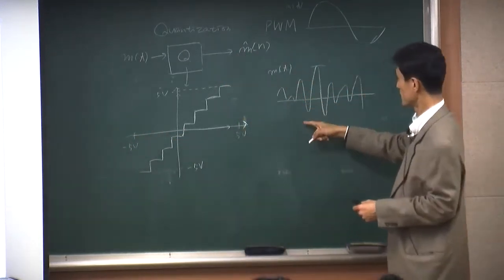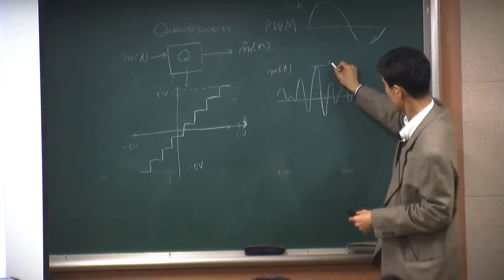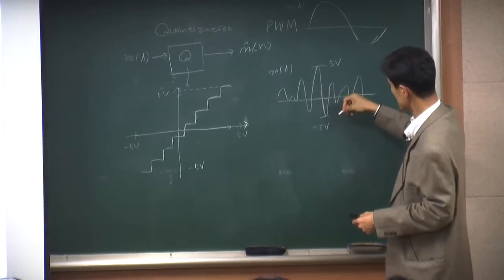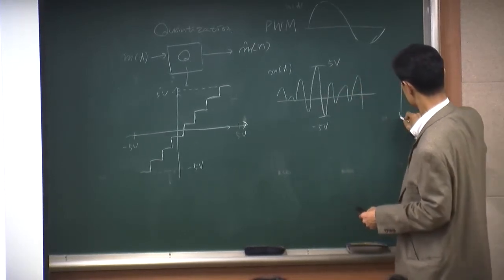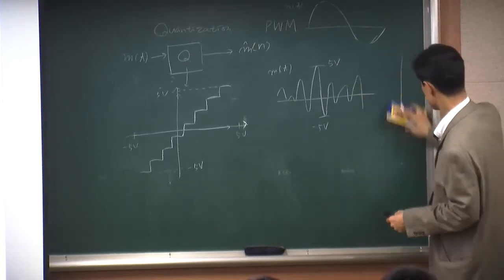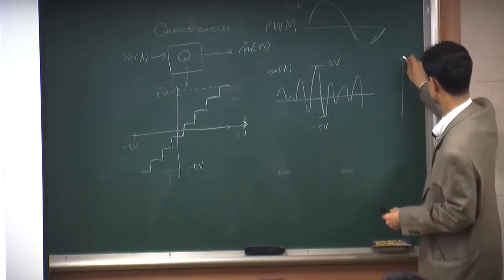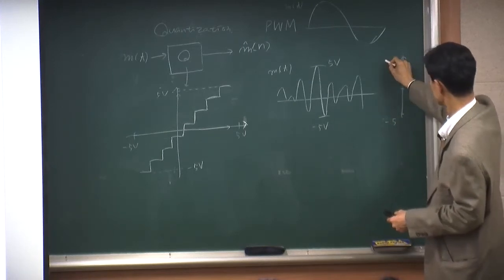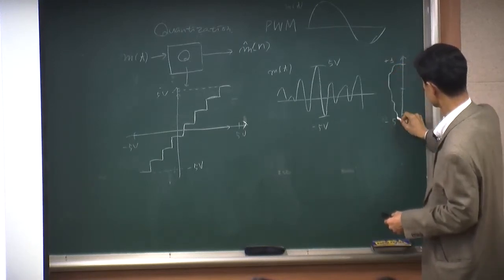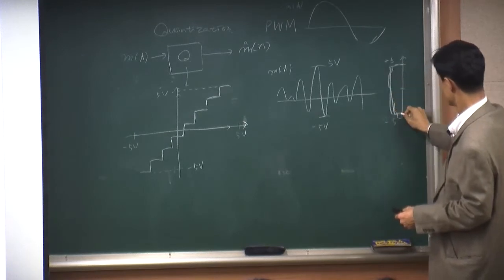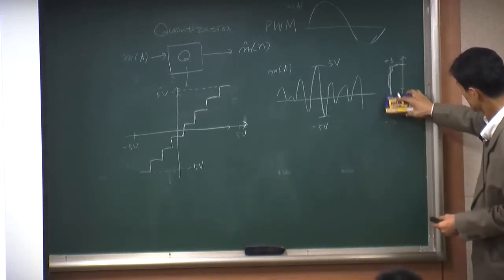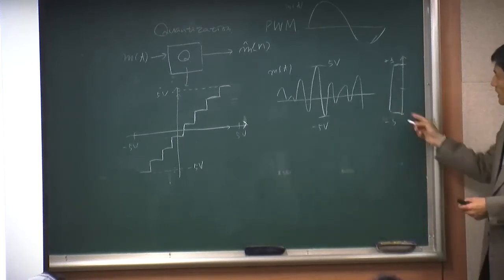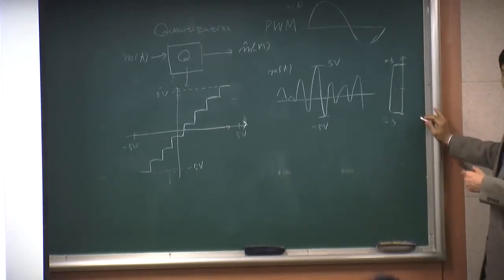If your input signal has a maximum of 5 volts and a minimum of -5 volts, and inside here you have a similar distribution like this, then this uniform quantization works very well.